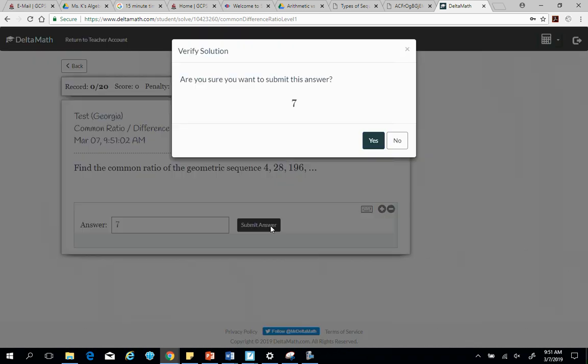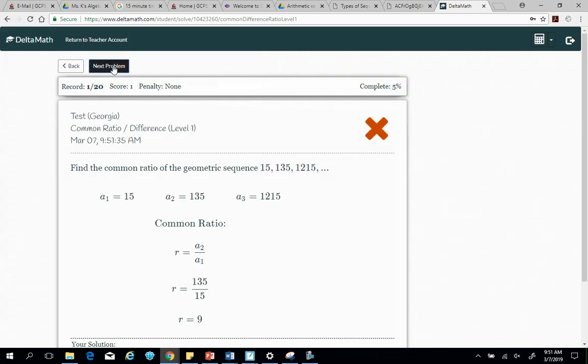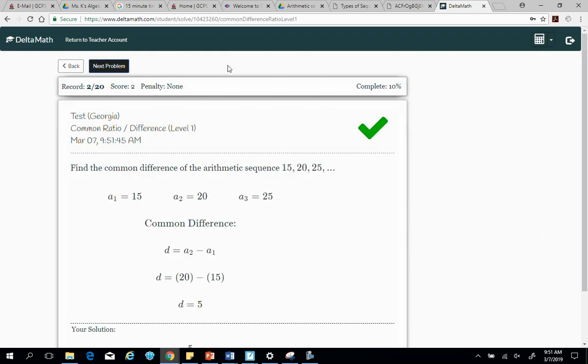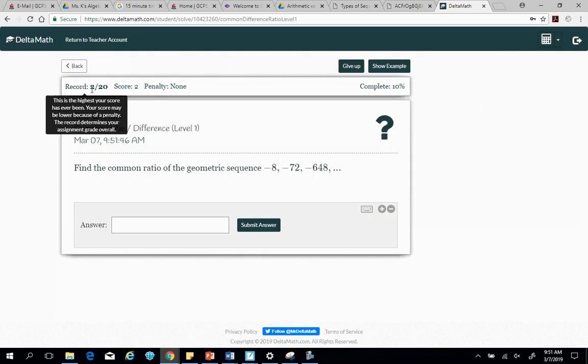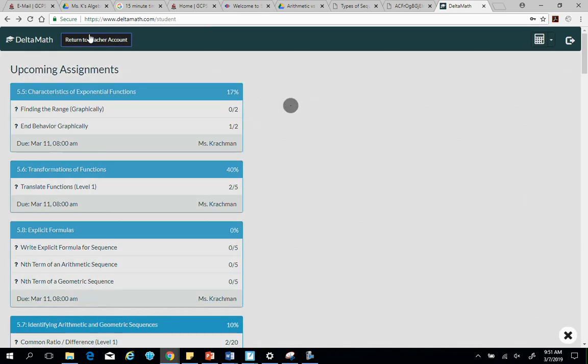That's all you're doing. You're just writing down what's the common ratio or what's the common difference. So like here, they say common difference. So what's being added each time? 5. And that's all you're doing. You're just doing 20 practice problems with that. Does that make sense? Cool.